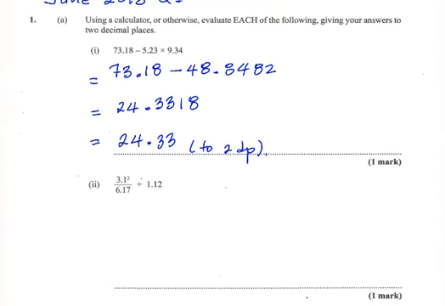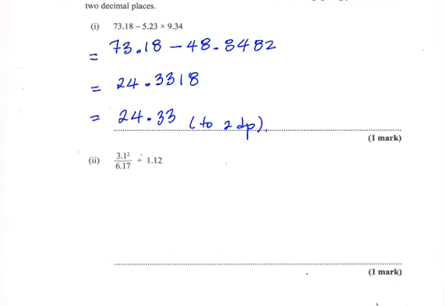II. In II, we have 3.1 squared divided by 6.17 plus 1.12. So if we wanted to, as I said earlier, we could just put this as we see it in the calculator and press equal.